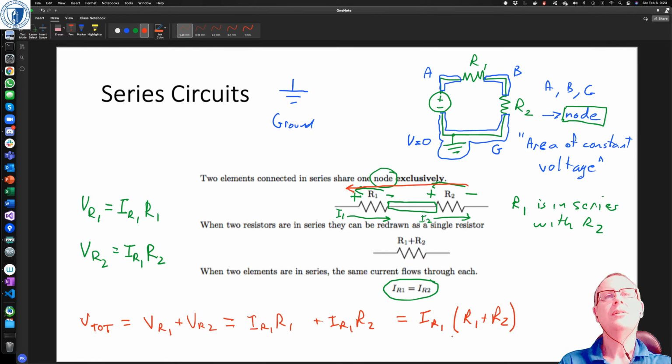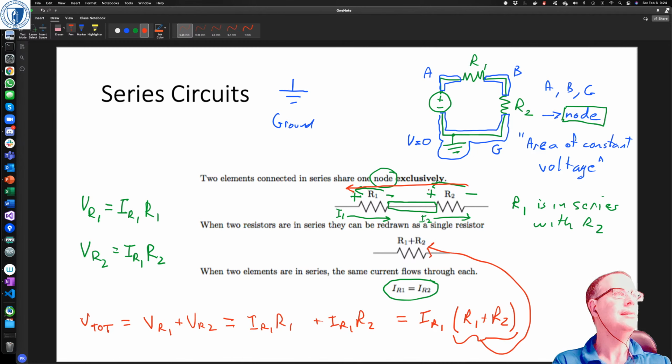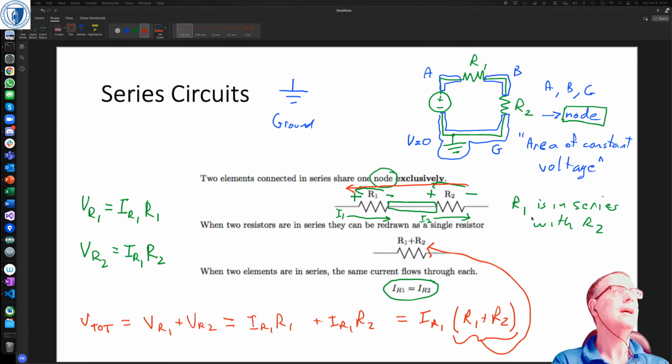So what this is saying is we can rewrite series resistors as the addition of the two resistances, right? So we can replace series resistors with a single equivalent resistance. Everybody okay with that?